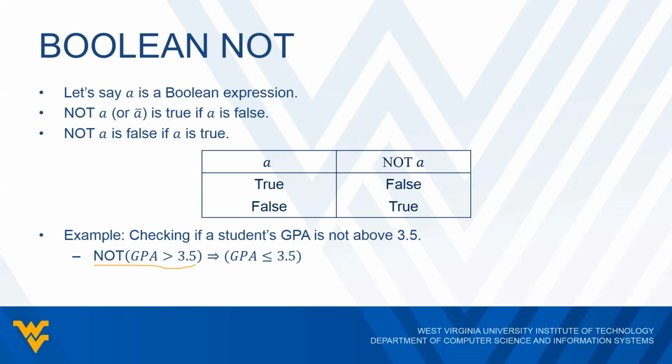Otherwise, it'd be false. What I have over here on the right is another way to represent it. I'm not going to get into details of showing why this is the case, but checking that the GPA is not greater than 3.5 is the same thing as checking if the GPA is less than or equal to 3.5. So both of these would actually result in the same truth values, but the one on the left is how we would do it using the NOT operator.